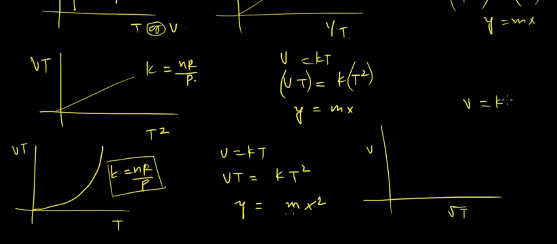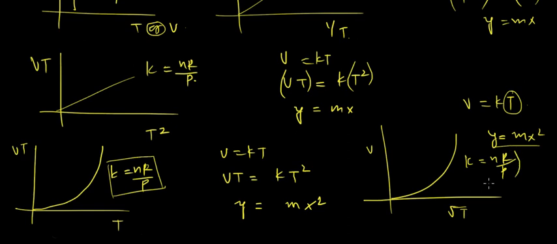Why? Because V equals KT, and as under root of T is on the x-axis, T would be x square. So y equals mx square is the equation coming here, again a parabola, with slope equal to nR by P.